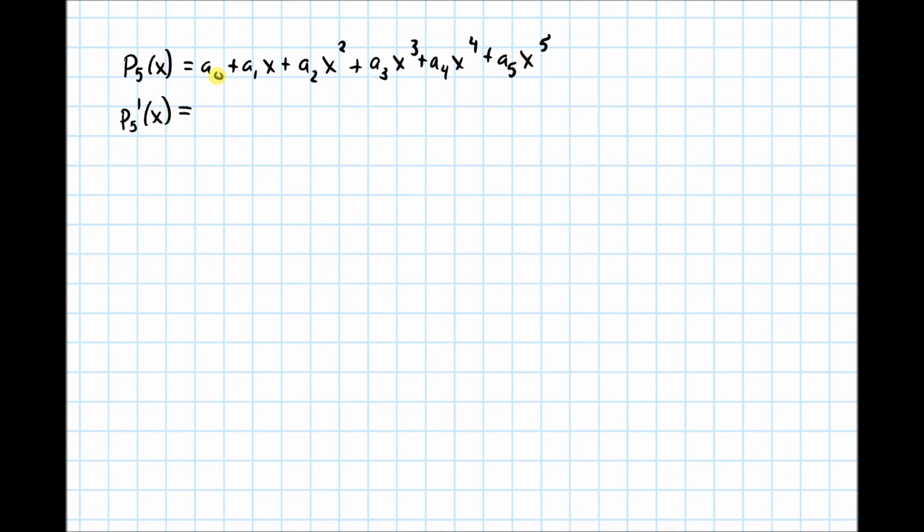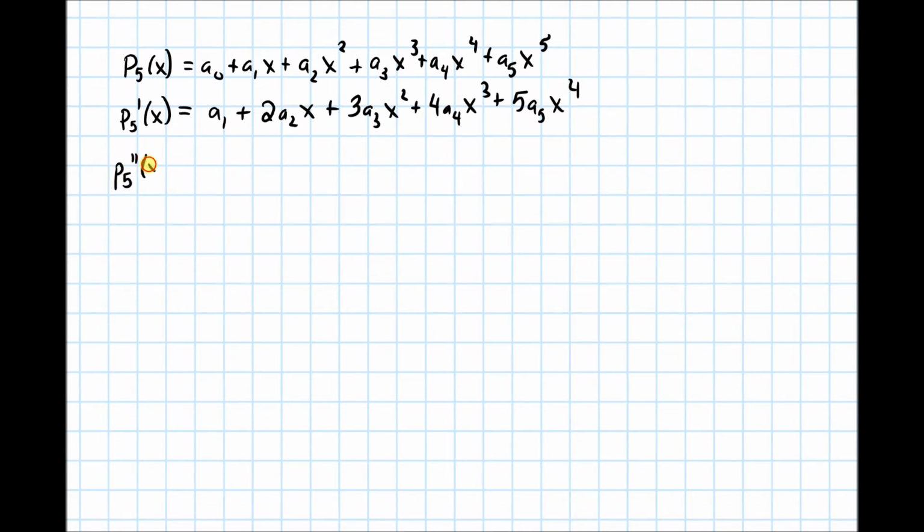So the derivative of a naught is 0, because that's a constant. The derivative of a1x is going to be a1. With the next term, the 2 comes down, and I get 2a2 times x to the 1. With the next term, the 3 comes down, and we get 3a3x squared. The next term, we get 4a4x cubed. And with this last term, we get 5a5 x to the 4. So that's the first derivative.